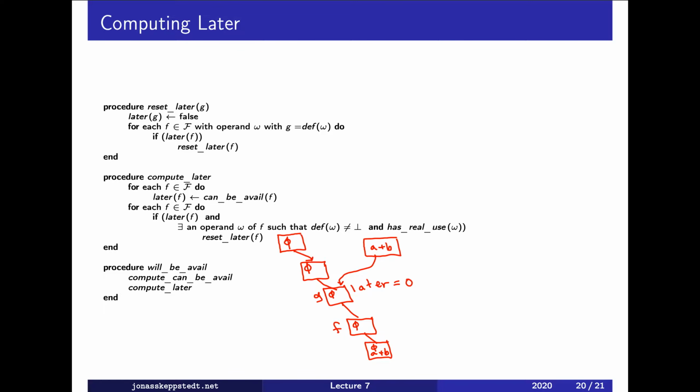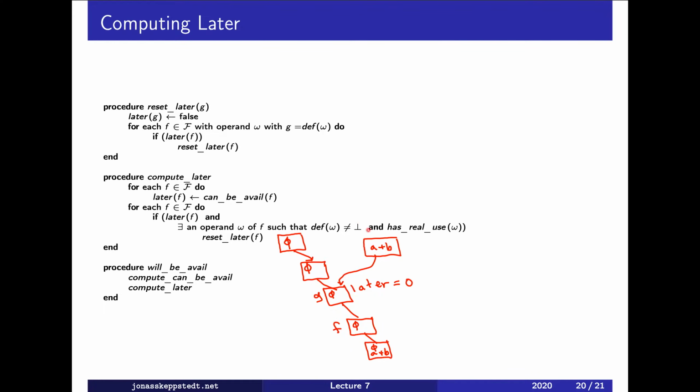We want to avoid reserving a register resource during a longer time. So if we have this example, it's a bad idea to insert a plus b here, since we have to keep it in a register all the time until we come here. This a plus b will be optimized away in this example.